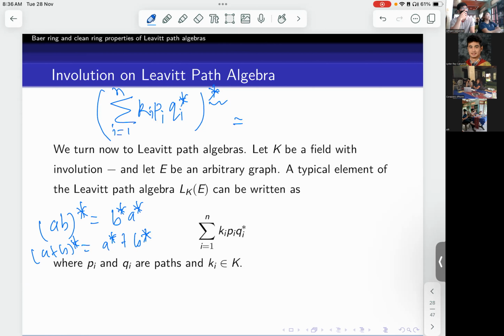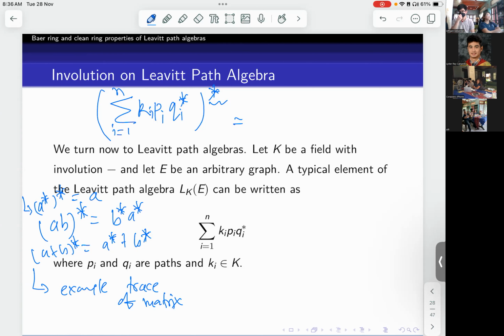Sorry, I forgot to mention this condition: a star star has to be a. Examples include the trace of a matrix. I forgot the name for it.